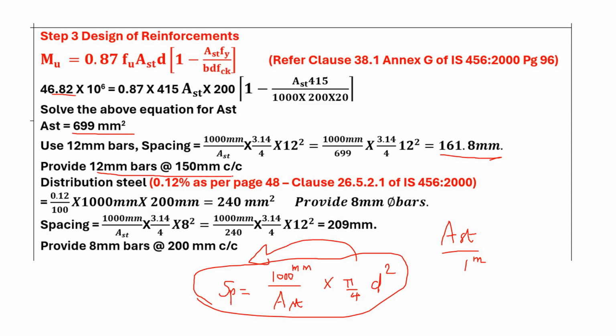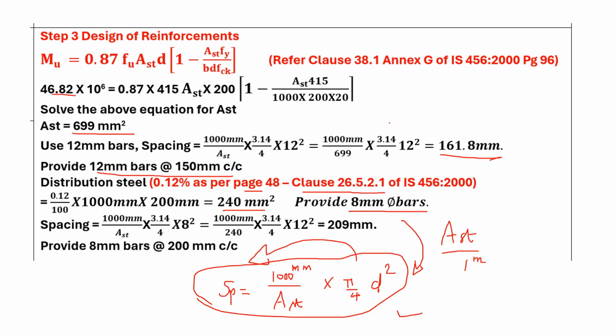millimeter center to center, and the distribution steel is given in page number 48, clause 26.5.2.1, which is 0.12 percentage. So you can here take 0.12 by 100 into 1000 millimeter into 200 millimeter, which is 240 millimeter square. Provide 8 mm bars. So use this same formula for this 8 mm bar also, as you have used for the 12 mm bar.